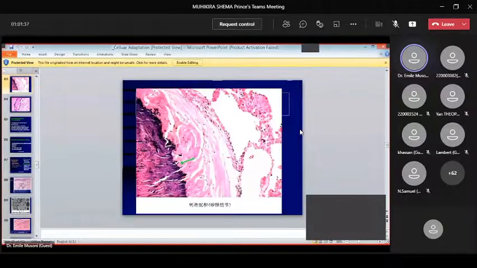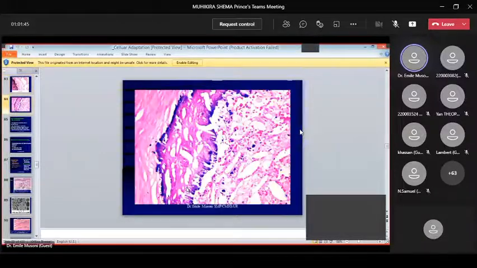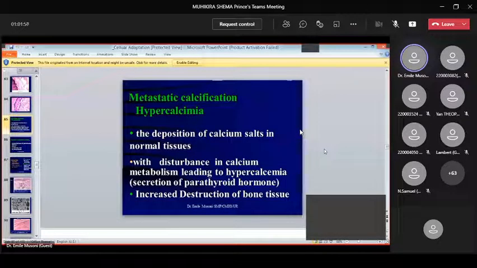So this is an image. These are calcified materials. Those black, these are calcified materials. Here, this is a calcified material. Contrary to dystrophic calcification, on this one, there is disturbance in the calcium metabolism leading to hypercalcemia.